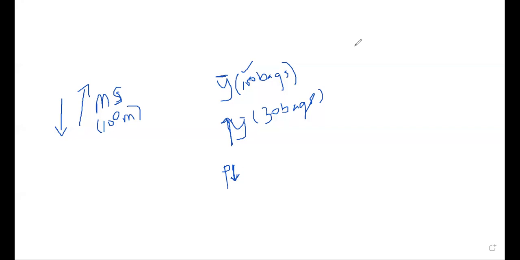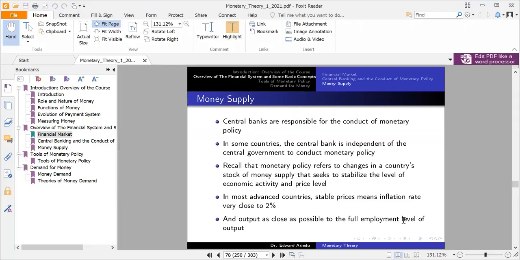They're producing everything. So they are at full employment level of output. Price levels are close to 2%. And countries that are producing below their capacity, prices are high. So how do we manage the money supply such that we can produce close to our optimum and at the same time make sure that the price level is not so high?